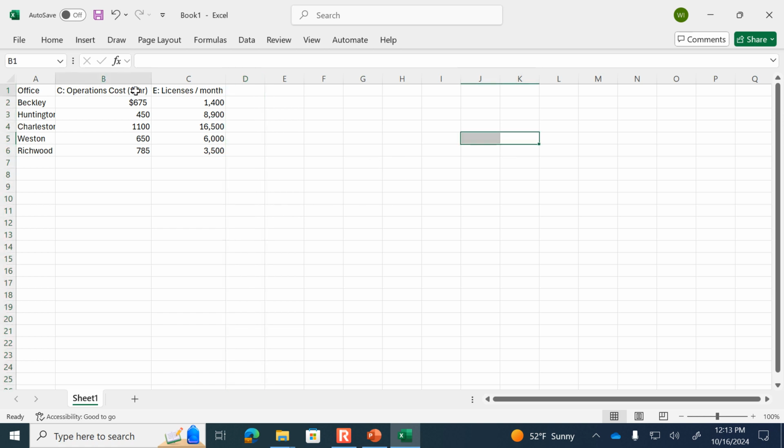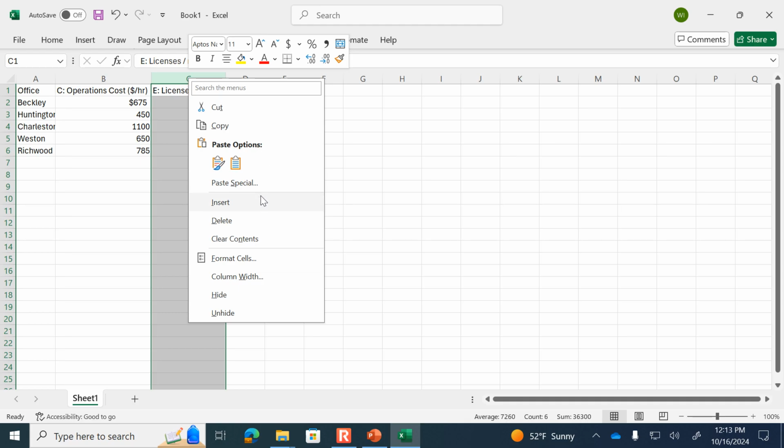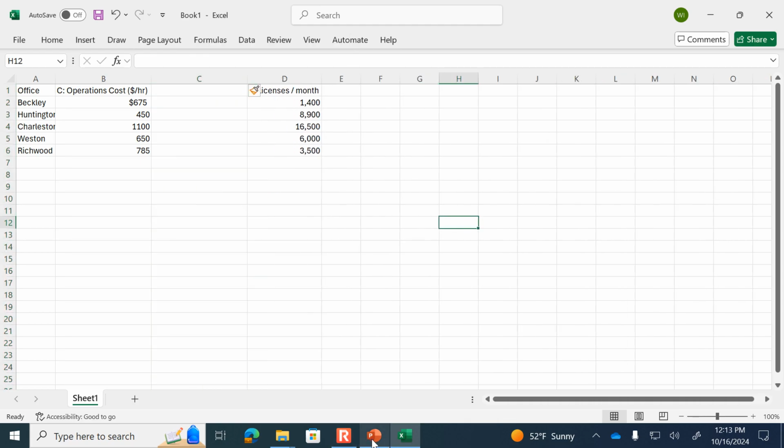So this is the cost per hour. Let's turn it into the cost per month, because we know that these offices are open 160 hours per month. So this is the cost in terms of operations in dollars per month.